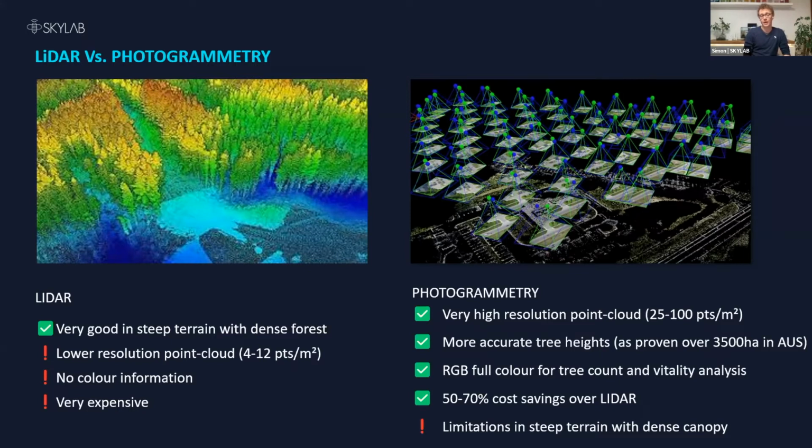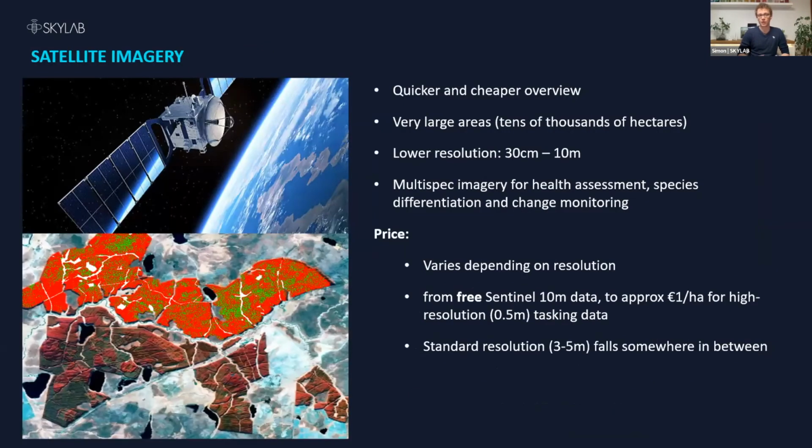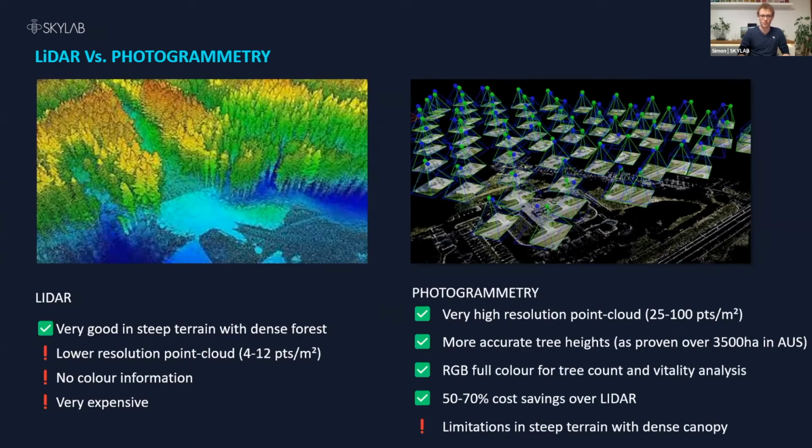We were really surprised by that. It was a real game changer, because photogrammetry is 50 to 60% cheaper than LiDAR. The only limitation is that photogrammetry has limitations in steep terrain and dense canopy. But if you already have a terrain model from the federal states, then you have what you need.